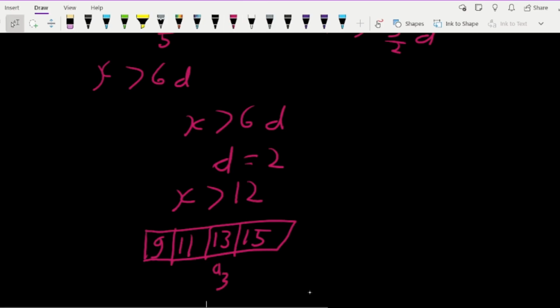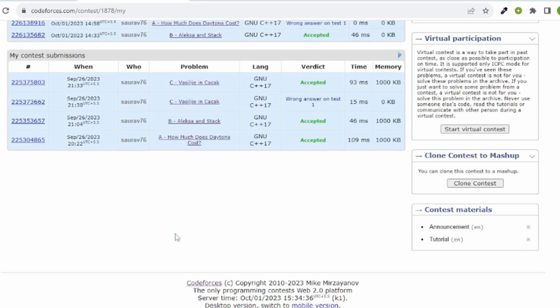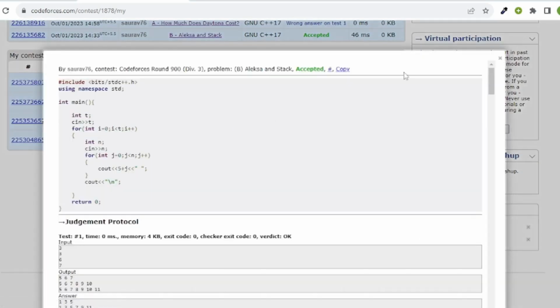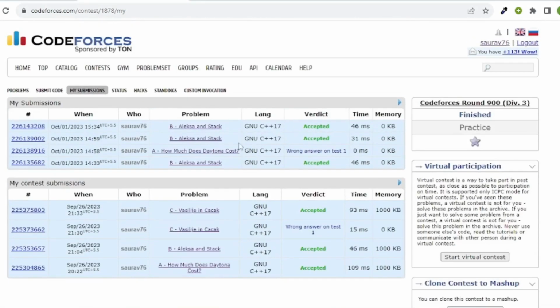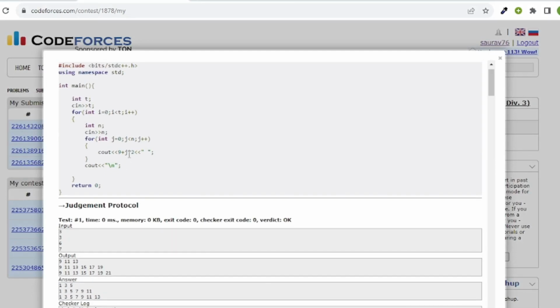So let me show you my already executed code for this. As you can see, I am starting the value from 9, since for j is equal to 0, a1 will be 9, and then I am increasing with a positive step value of 2.